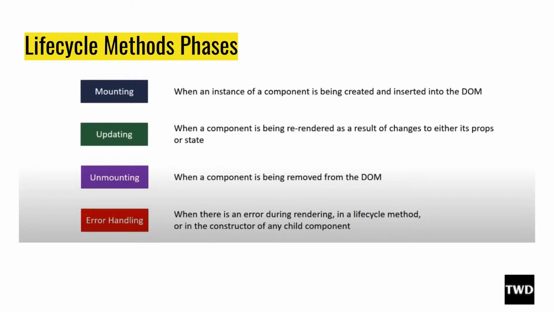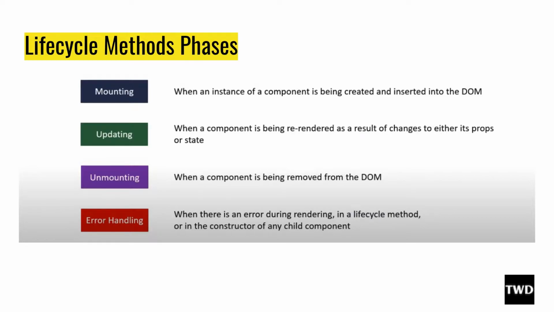Then we have the unmounting phase, when the component is removed from the DOM, meaning when we go to some other page, that component will be removed from the DOM. And then there is error handling. When some error occurs during rendering, in a lifecycle method or in any child component, this error handling method will be called.